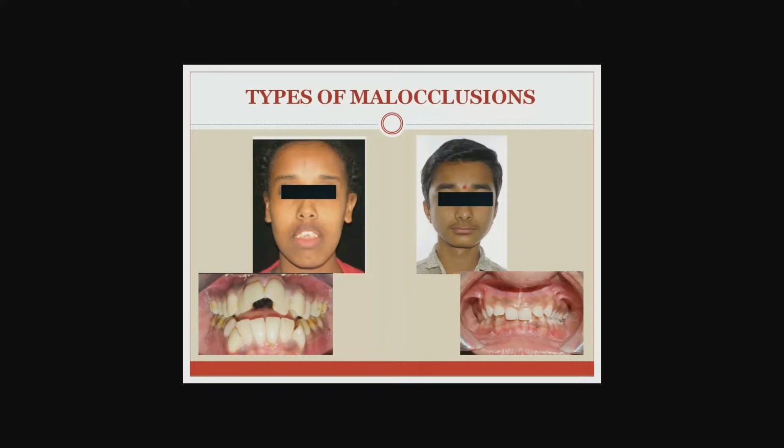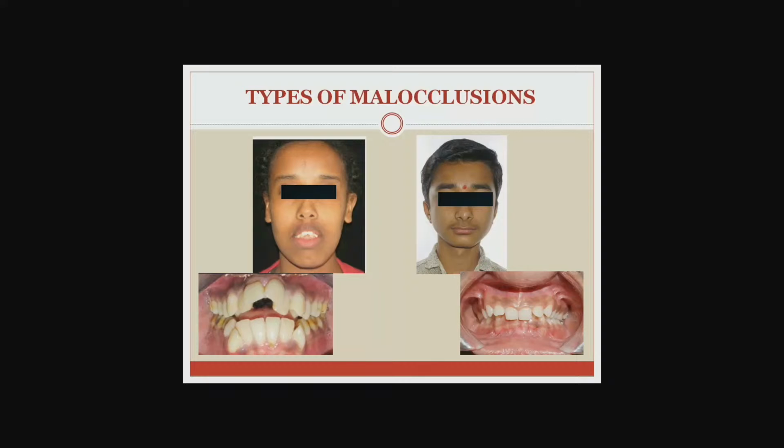In long face syndrome, you can see that the lower facial height has elongated, resulting in protrusion of the tongue in between, and we term this an open bite, where you can see the tongue or a space between the upper and lower teeth when we ask the patient to chew on the back tooth.